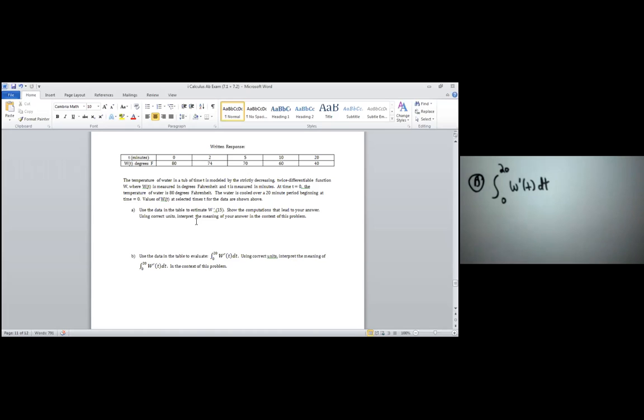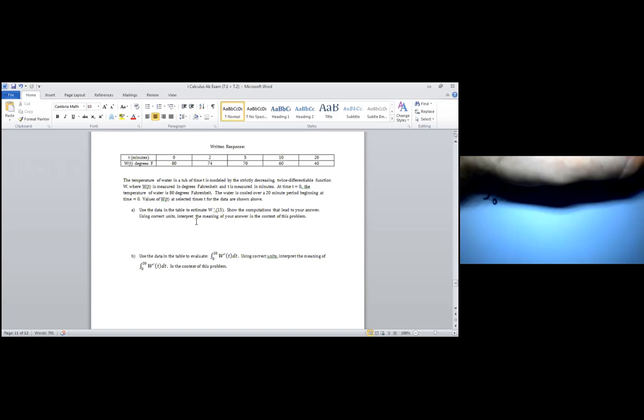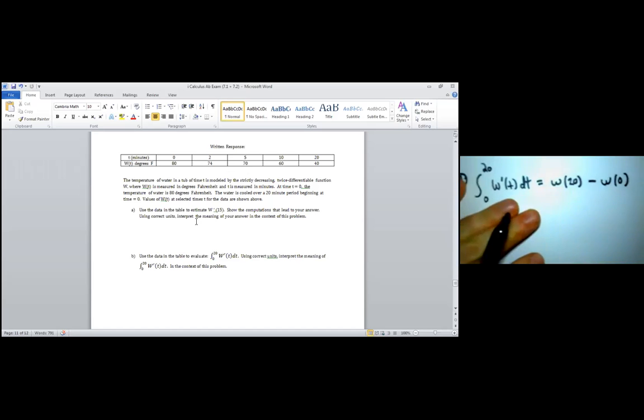So is this an area under a curve type of problem, or is this FTC? FTC. So when you integrate this, it's just W of 20 minus W of 0.